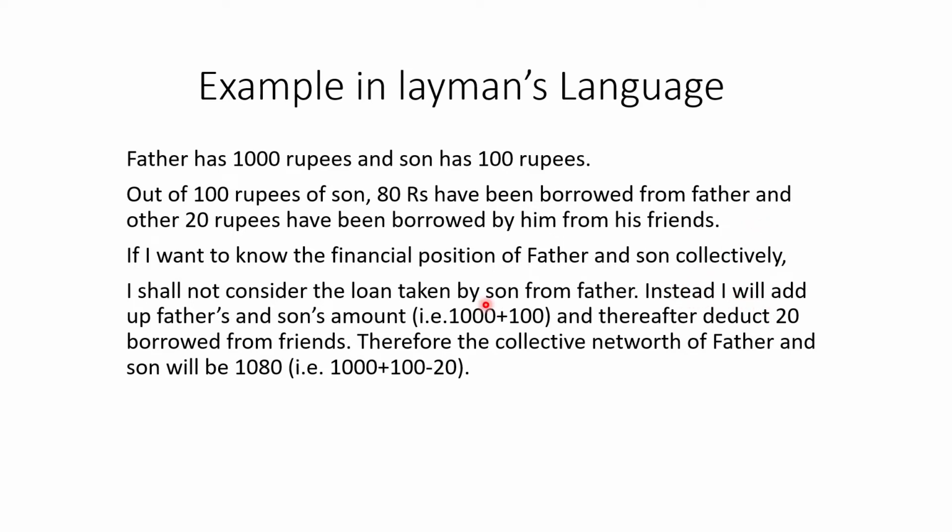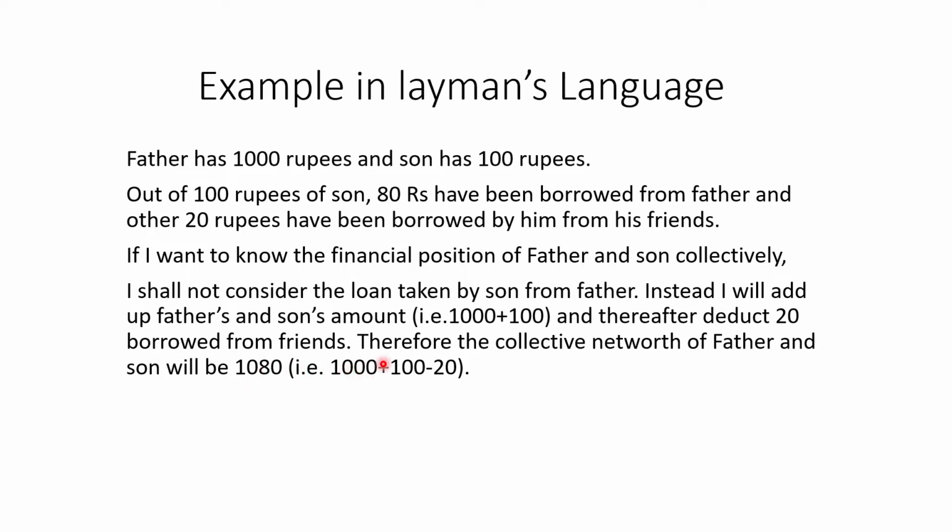Instead, I will add up the father's and son's amount, that is 1100, and thereafter deduct 20 borrowed from friends. Therefore, the collective net worth of the father and son will be 1080.